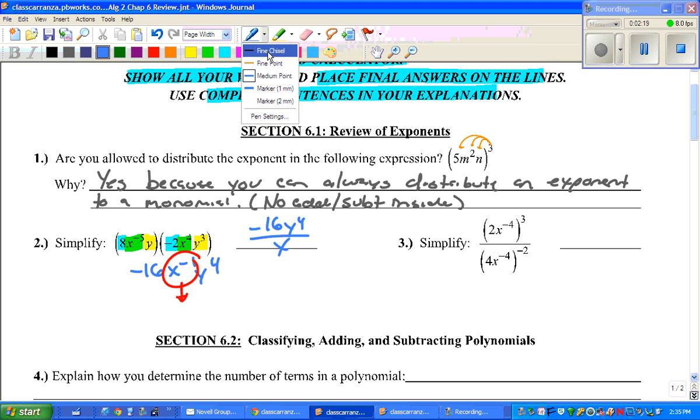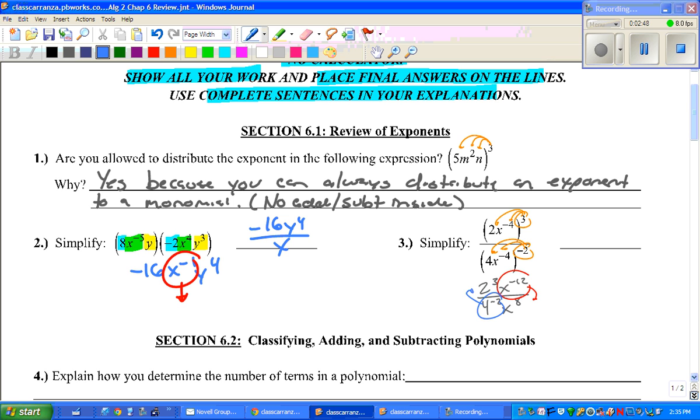All right, number 3. When we've got the exponents outside and we're dealing with a monomial, you can distribute all of that. So you get 2 to the third x to the negative 12th over 4 to the negative second x to the negative fourth times the negative 2 gives us a positive 8. If our exponent's negative, we drop it like it's hot.